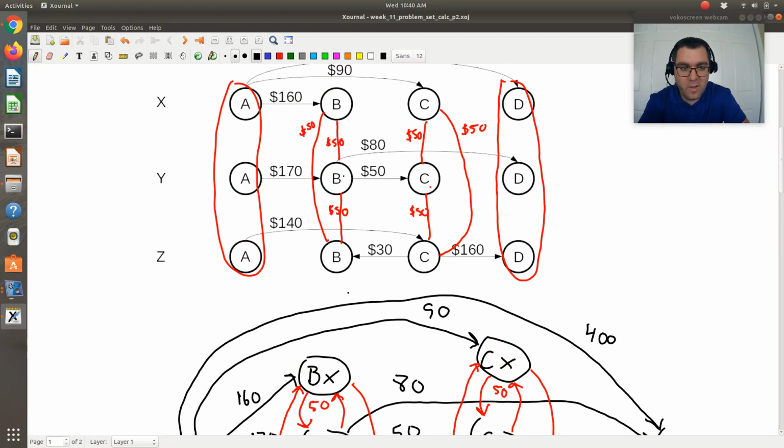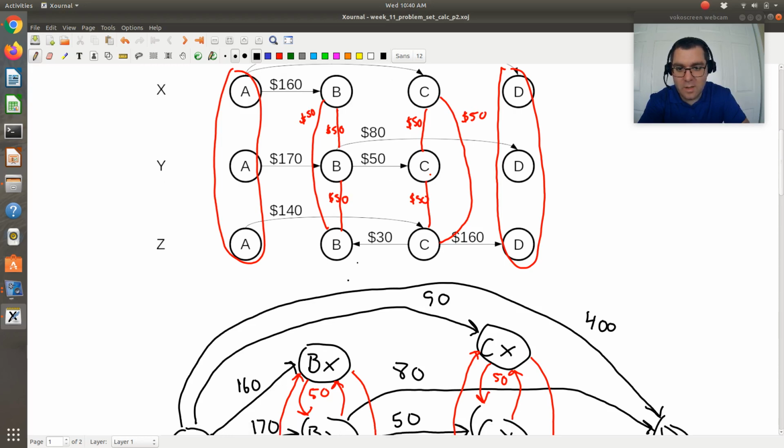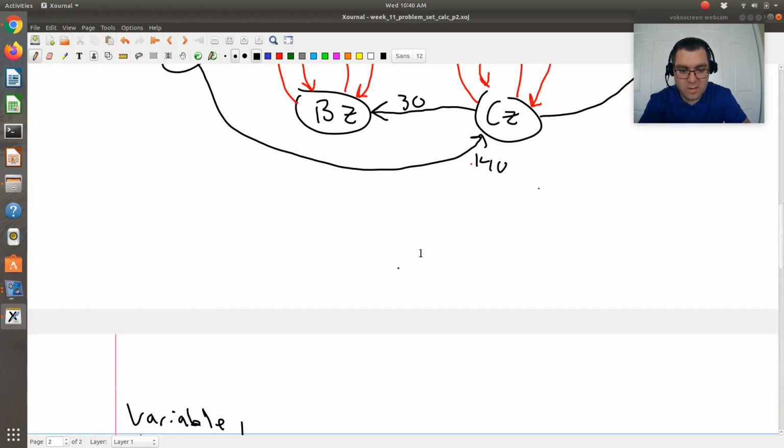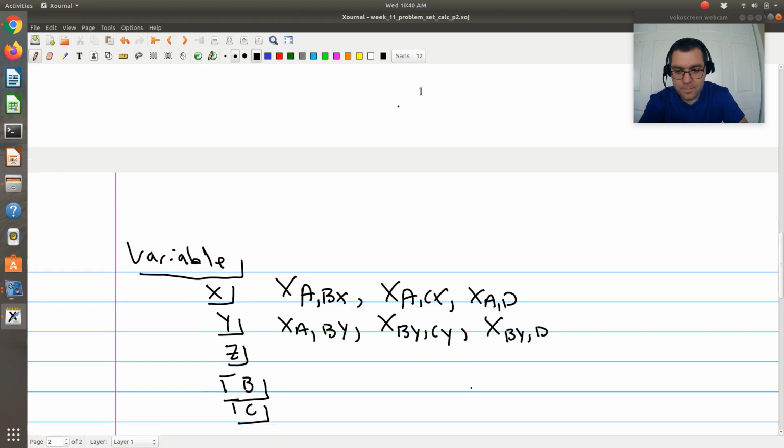So okay, on airline Y we can go from B to C or B to D. So that's X, B to C on airline Y. Boy, sorry, this naming. And then we can go from B to D, where it's just D because it's the common D.